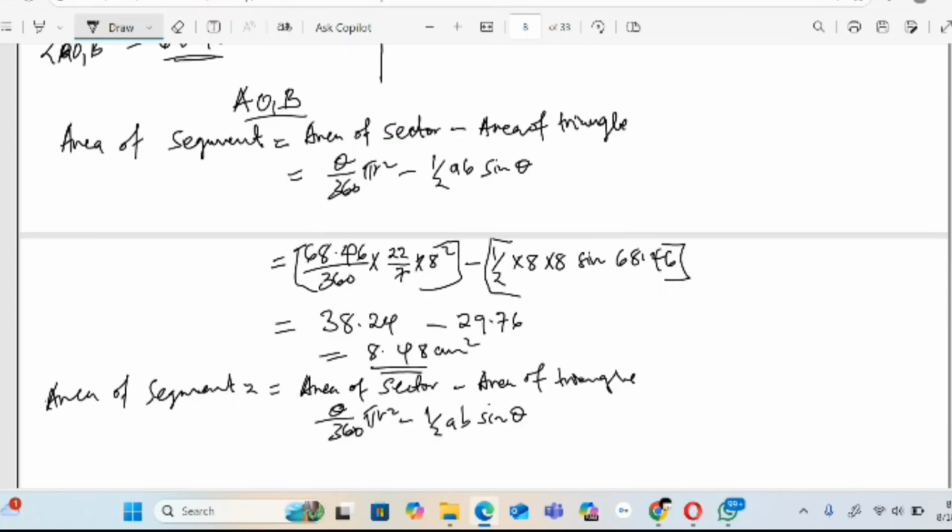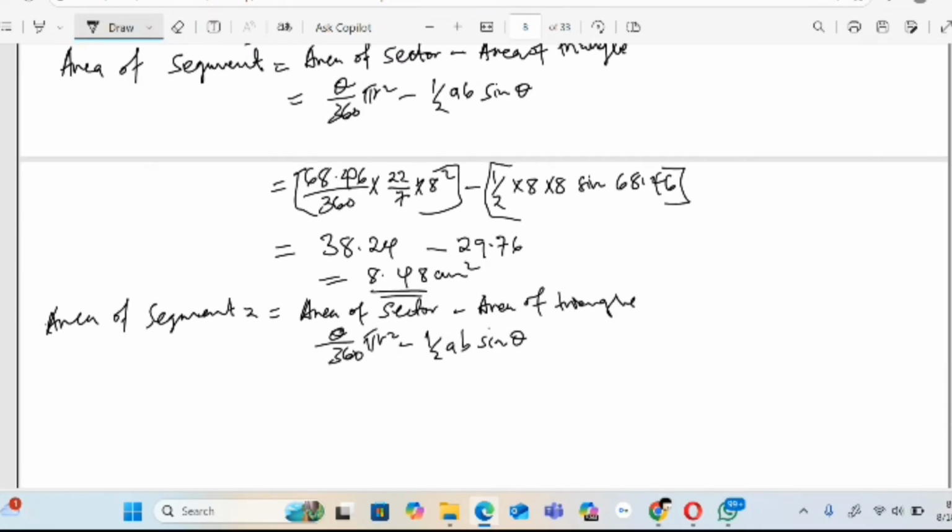Now we substitute our theta for the second one, which changes to 97.18 over 360 times 22/7 times r squared, our radius, which also changes to 6 squared.